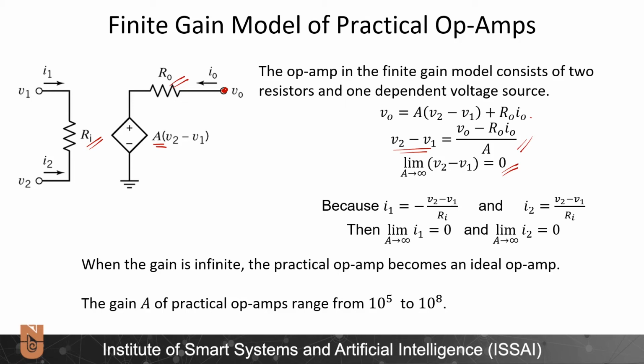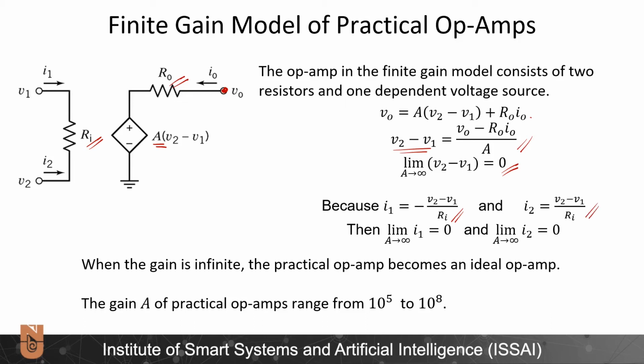So now let us see what I1 is. I1 is the current entering the inverting terminal of the operational amplifier. What is I2? The current entering the non-inverting terminal of the operational amplifier. I1 is equal to minus (V2 minus V1) divided by Ri, and I2 is equal to (V2 minus V1) divided by Ri.